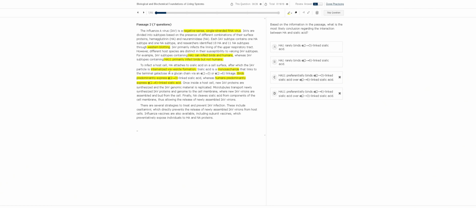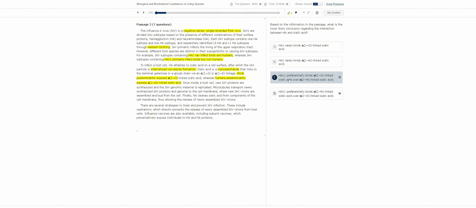If you recall, for HA11 we highlighted where it says it primarily infects birds, so our focus is that it wants to infect birds but not humans. 2,3 is the birds and 2,6 is the humans, so it preferentially binds birds over humans.